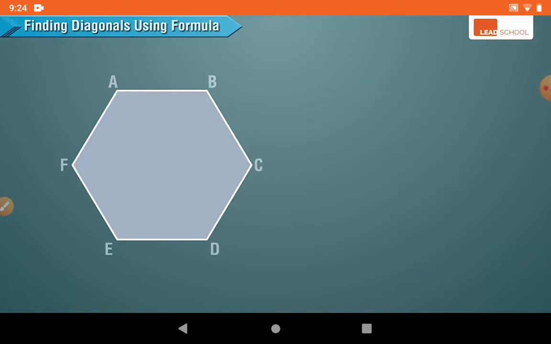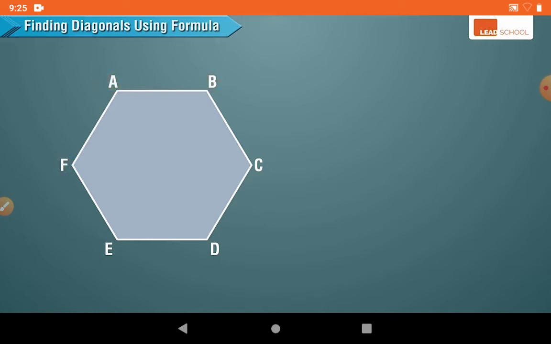We know that a hexagon has 6 sides and 6 vertices. Let us find out the number of diagonals in a hexagon. Let us draw diagonals from vertex A. We cannot draw a diagonal from vertex A to vertices A, B and F. This means we cannot draw diagonals to 3 vertices.